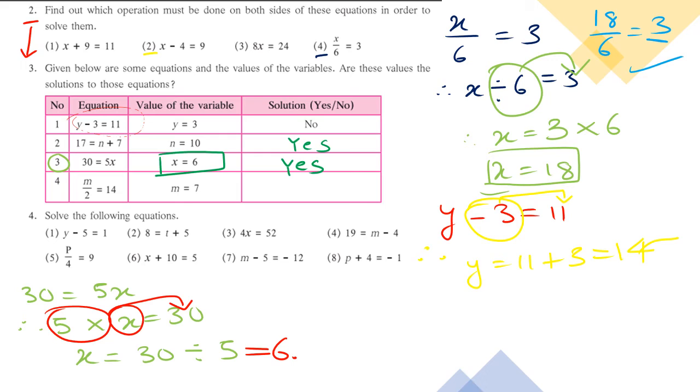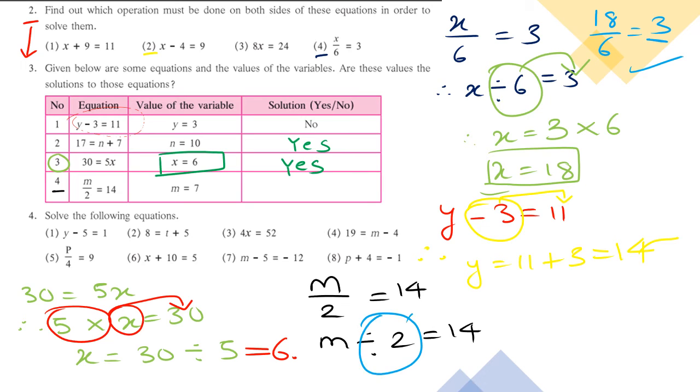Now let us solve this one, 4. M divided by 2 is 14. You can write it as M divided by 2 is equal to 14. Again, you have to do the same thing. This 2 is in division. Take it to the other side. Make M alone. It will become multiplication. So M is equal to 14 multiplied by 2.